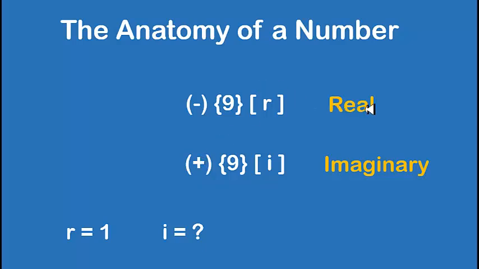And when we're talking about real numbers, I'm going to put an R beside that number to clearly distinguish it from the imaginary numbers, where I put a little I in front of the number. And we know that the identity of the real number is equal to 1, and this is what we're going to try and solve. Okay, so this is the source of the problem.